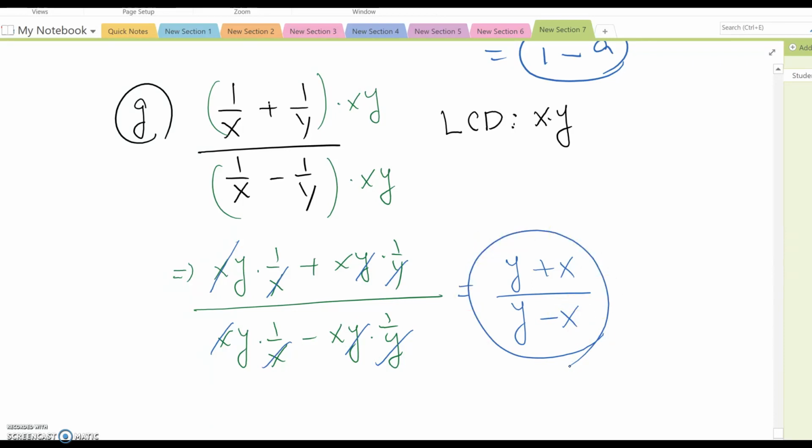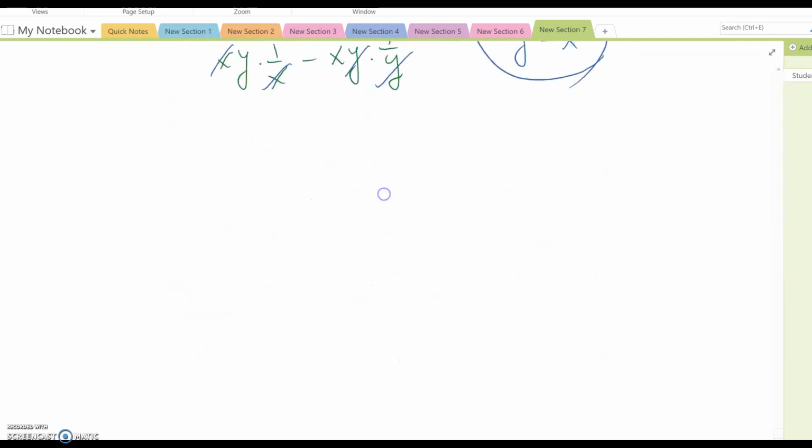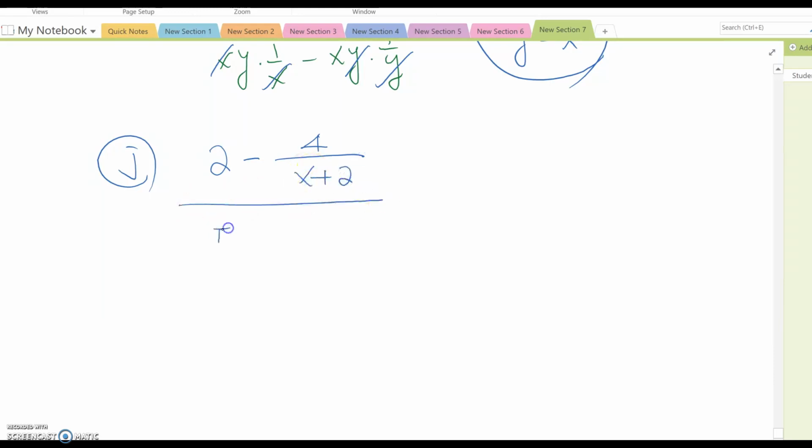Okay, then what about letter J? J is 2 minus 4 over x plus 2, over 5 minus 10 over x plus 2. Remember that you only find the denominator value from the numerator and the denominator.